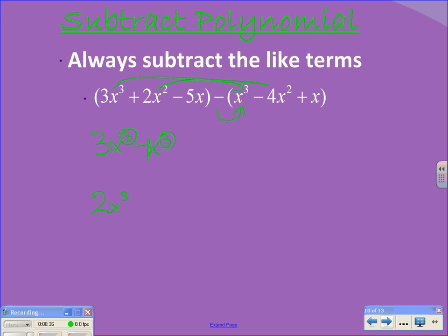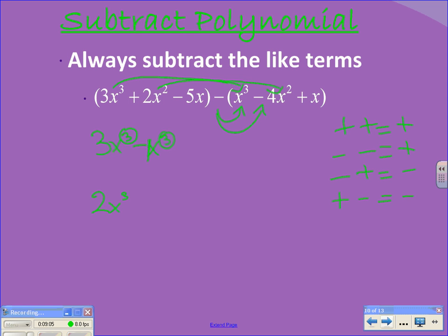Now we're going to be subtracting these two. Because now we have different signs, so minus a minus equals a plus.